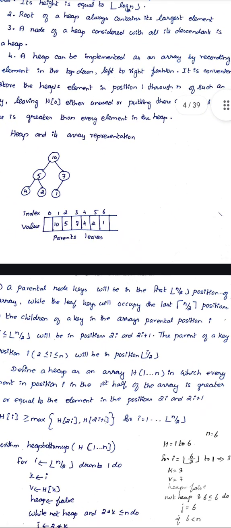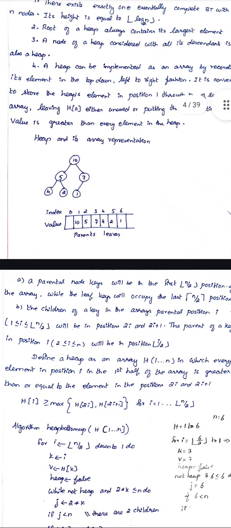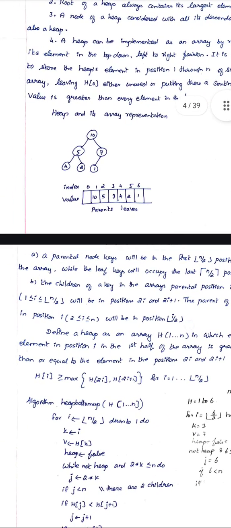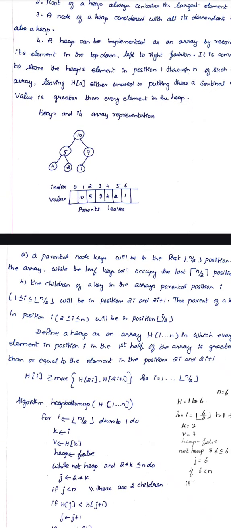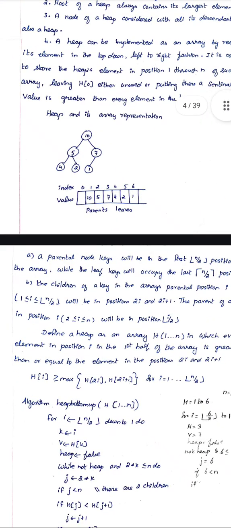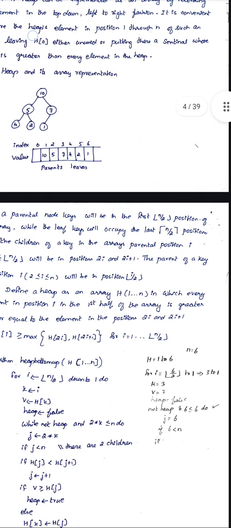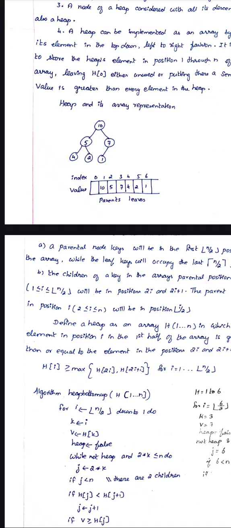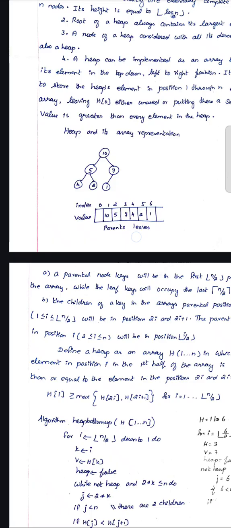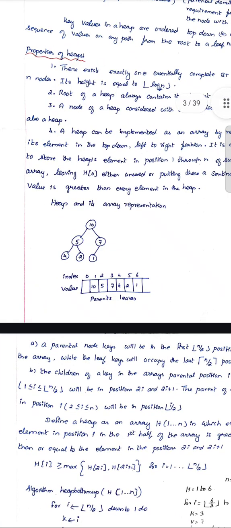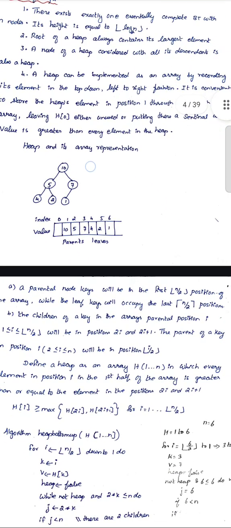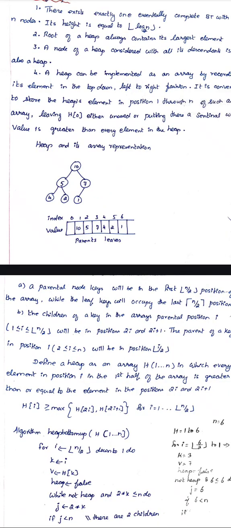A heap can be implemented as an array by recording its elements in the top down, left to right fashion.